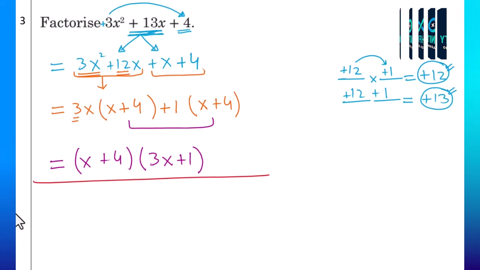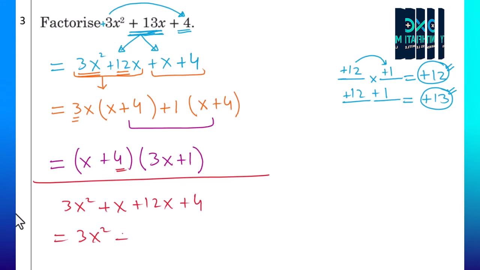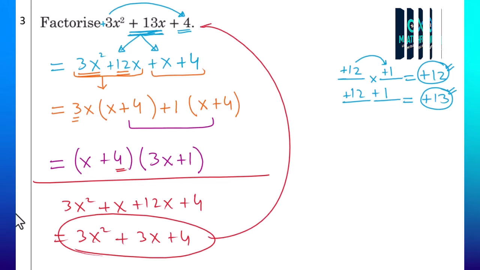Suppose you want to check, multiply x with both, so we get 3x squared, and x with 1, so positive x, and now multiply 4 with both, so positive 12x and positive 4. Then add the like terms, so 3x squared plus 13x plus 4. It's the same as the given question.